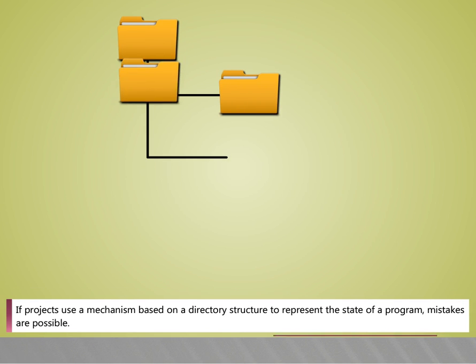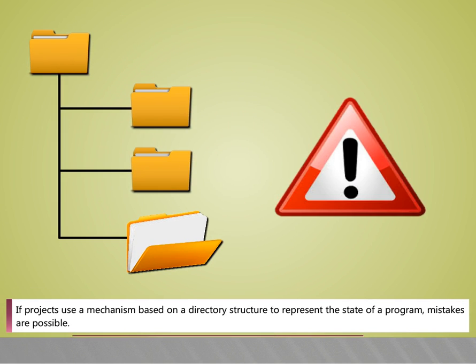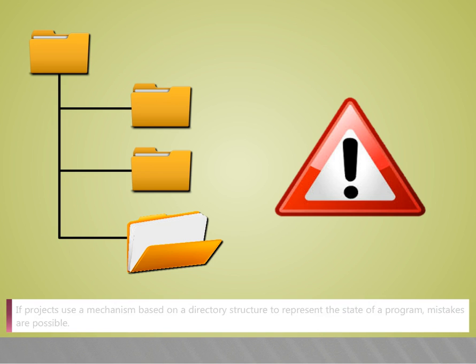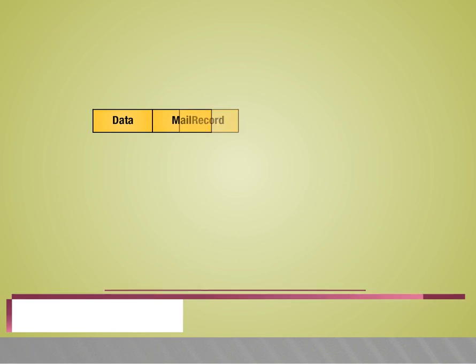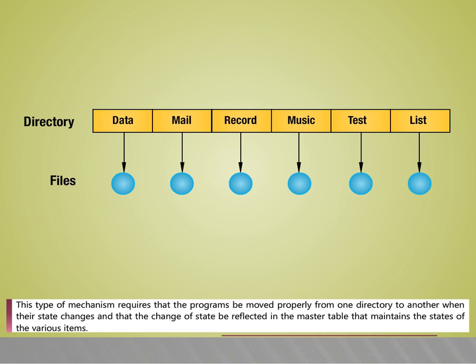If projects use a mechanism based on a directory structure to represent the state of a program, mistakes are possible. This type of mechanism requires that the programs be moved properly from one directory to another when their state changes, and that the change of state be reflected in the master table that maintains the states of the various items.